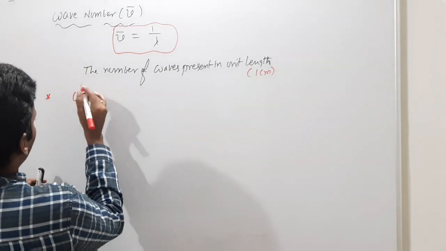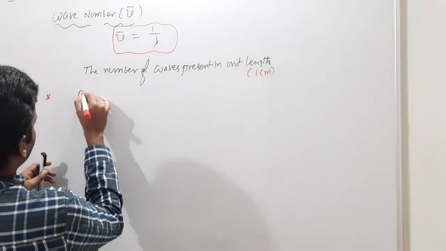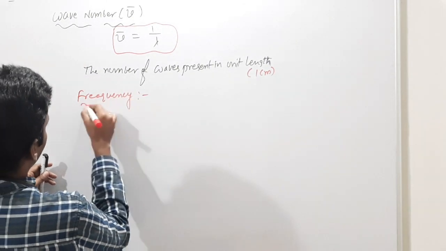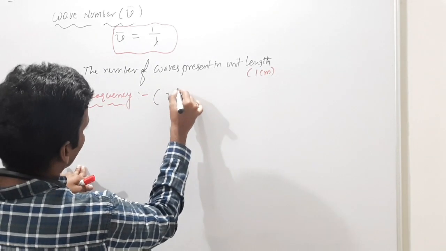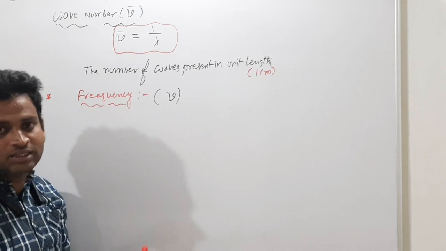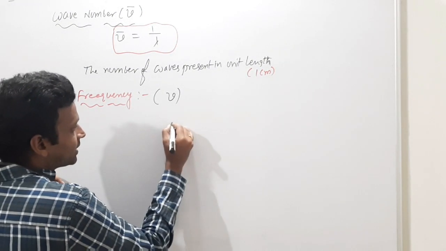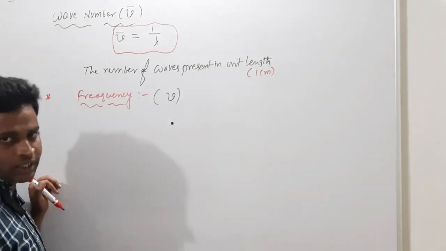So now, frequency. Frequency we represent with nu, not bar. Nu bar is wave number. Frequency means the number of waves that pass through a particular point.